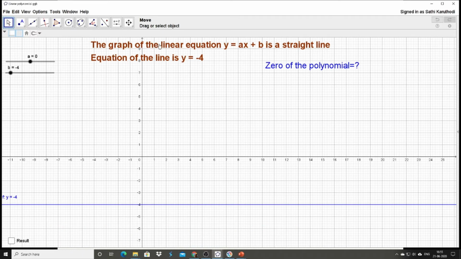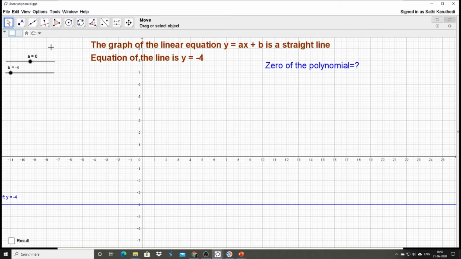The graph of the linear equation y is equal to ax plus b is a straight line. This we have studied in the previous class. Now we are going to give different values for a and b and see what happens to the graph.